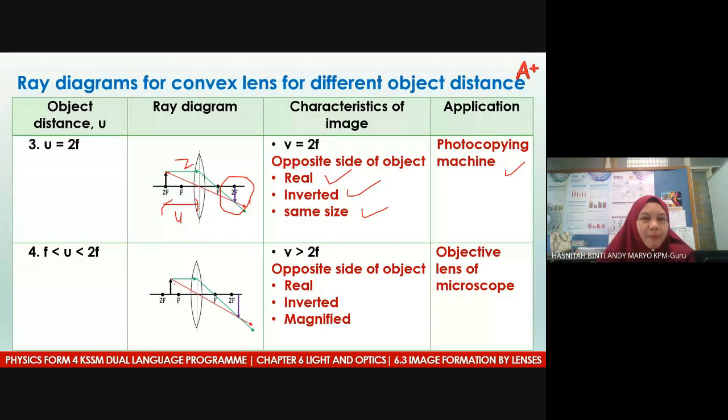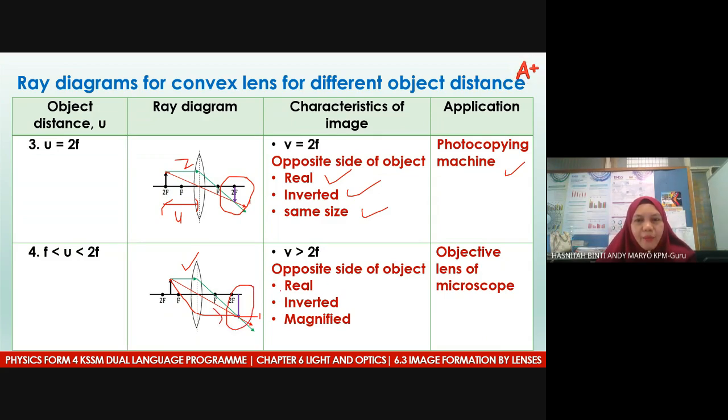So again, we apply rule number 1, the red line, and then here we apply rule number 2, the green line. If you want to draw rule number 3, also no problem. You draw a light ray passing through the focal point, and then here it will be refracted in a straight line. So they will meet at the same intersecting point here.